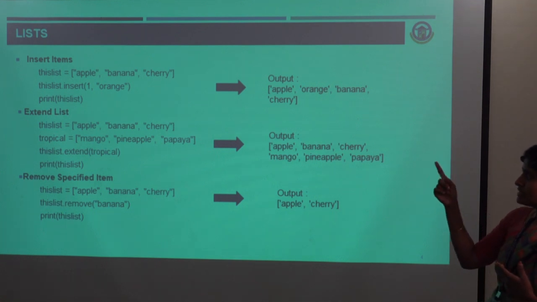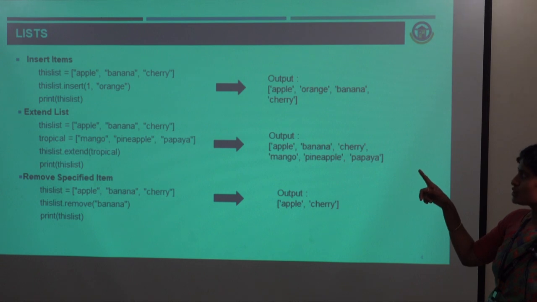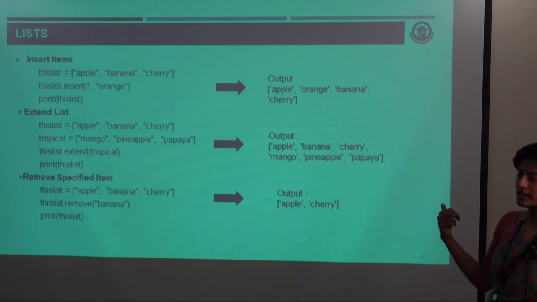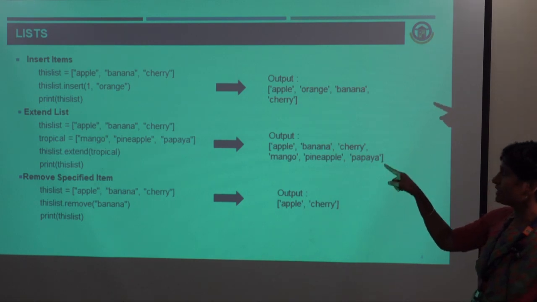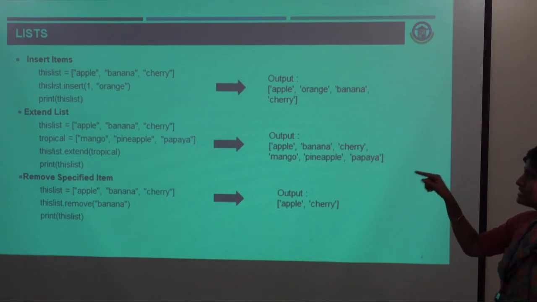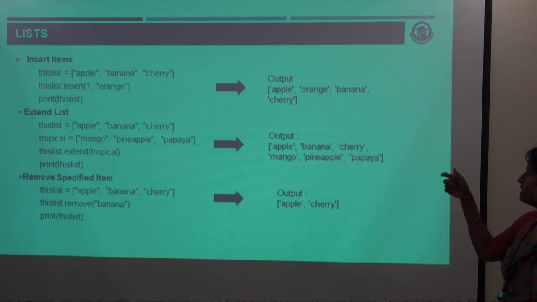First 0 goes to apple, then 1 goes to orange, 2 goes to banana, and then 3 goes to cherry. After inserting orange in the first position of the list, we get this output: 0 is apple, 1 is orange, 2 is banana, and then 3 is cherry.